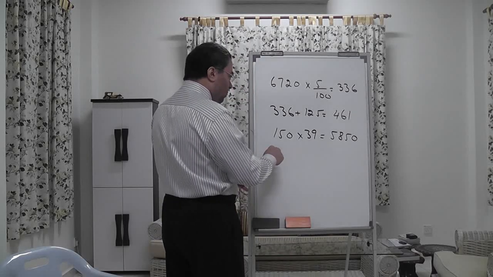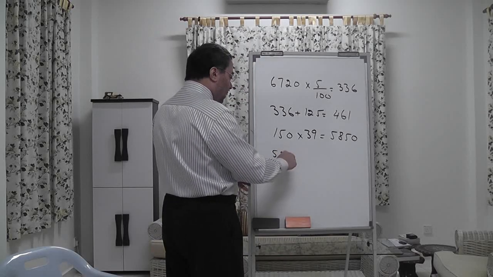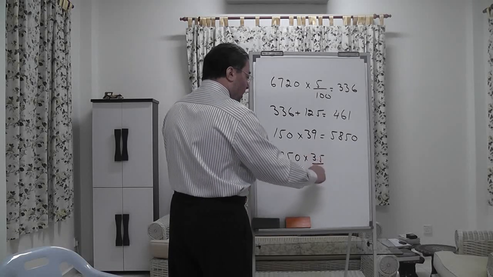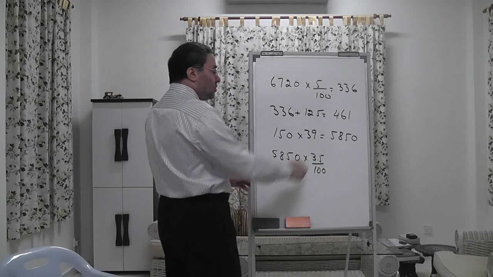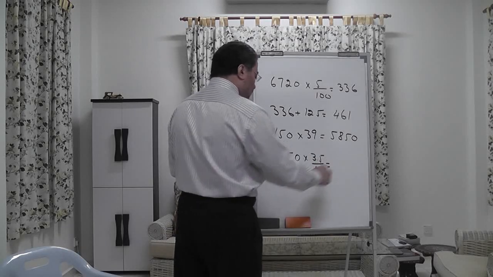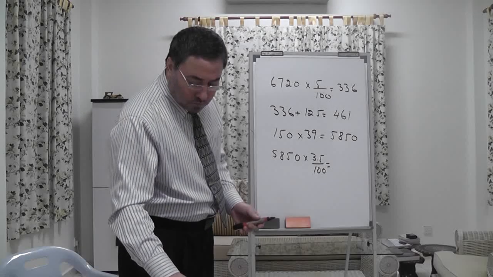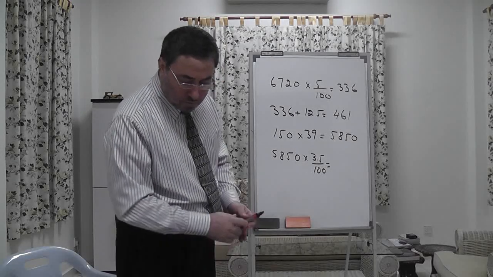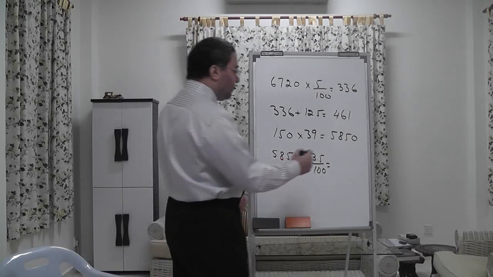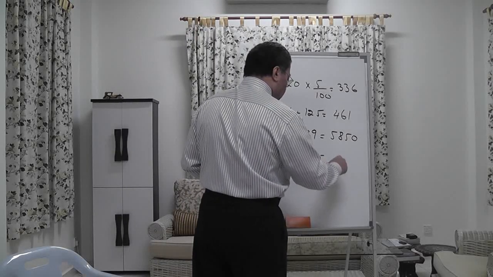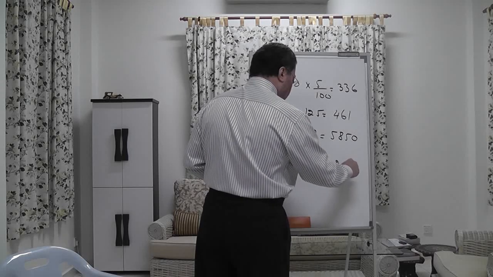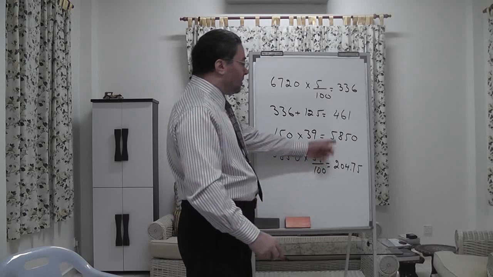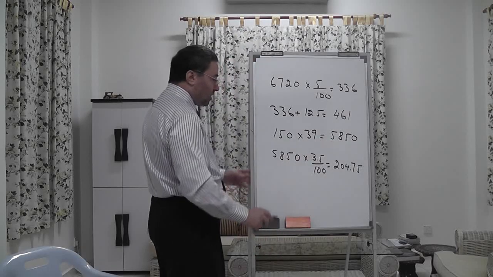So we get the commission, 5,850 times 3.5 over 100. It's easier to do it this way. And that's 204.75. This commission is added to the price of the shares.